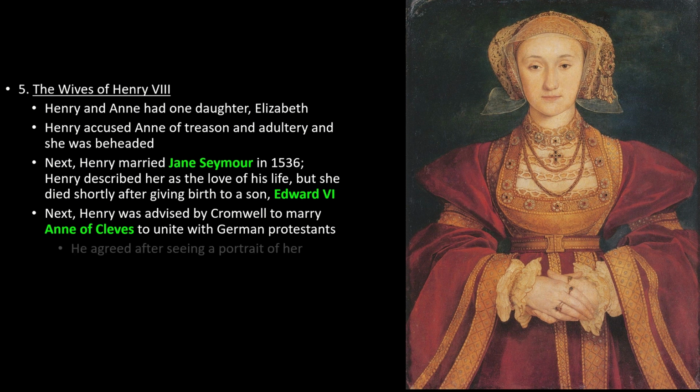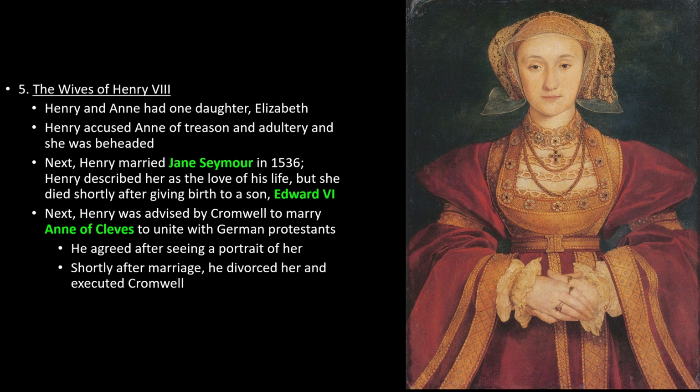And what happens is Henry VIII agrees after seeing a portrait of her. It's almost like he's looking on social media and he sees a picture of her and he says, ooh, yeah, I want to marry her. And then when he meets her in real life, he realizes, and guys, he doesn't stay married very long and he divorces her and he has Thomas Cromwell executed.